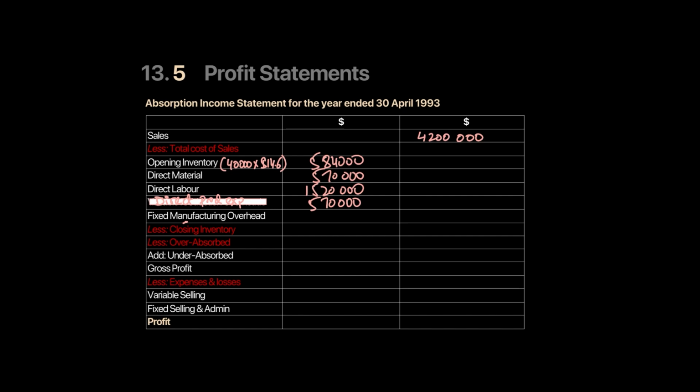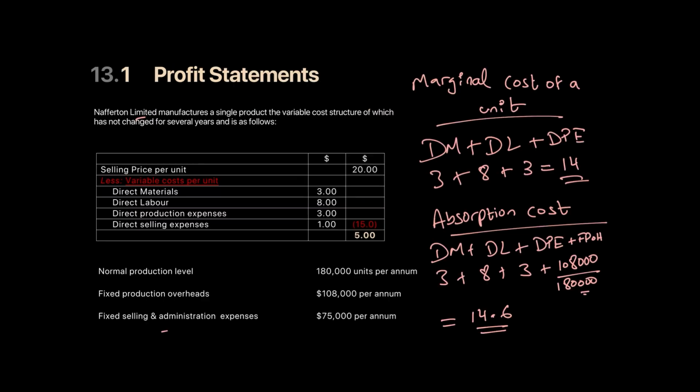Now, how do you calculate this number? Remember, let me take you guys back for a minute. So remember guys, under absorption costing, we also included fixed production overhead per unit. So I calculated this to be 108,000 divided by 180,000. This was 0.6 per unit. So absorption costing, we said that the fixed production overhead per unit should be 0.6.